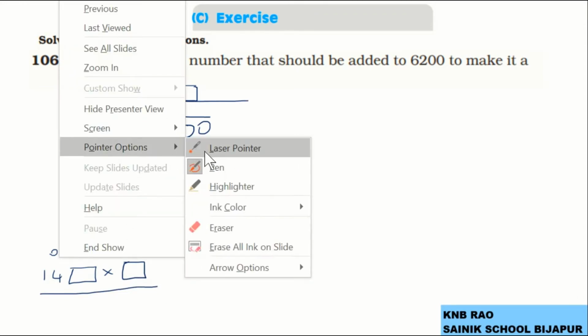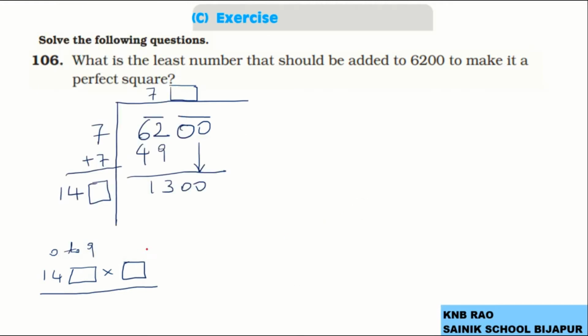So we have two options. I will take first 8. Suppose I take 8, so 148 into 8 gives you 1184.